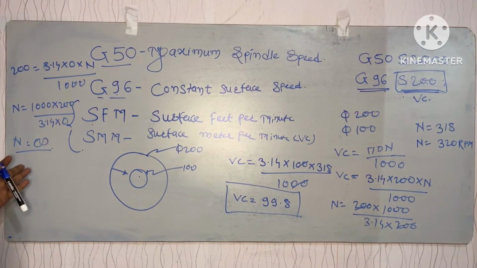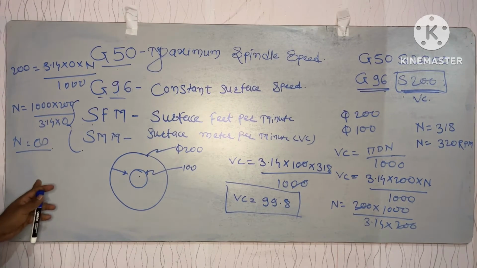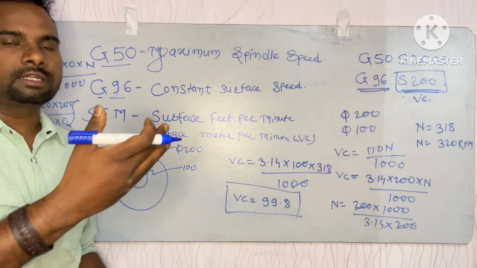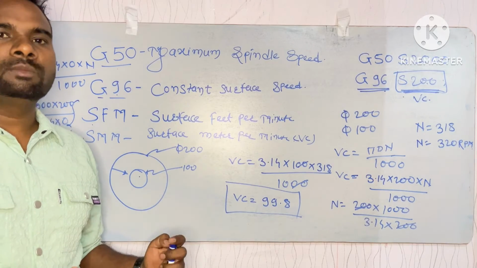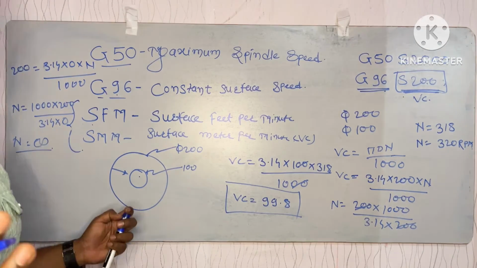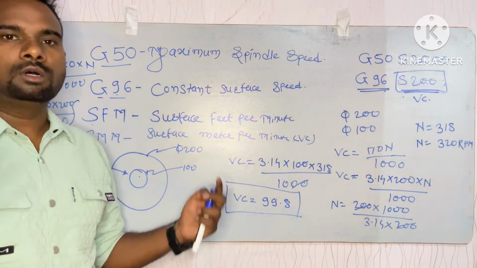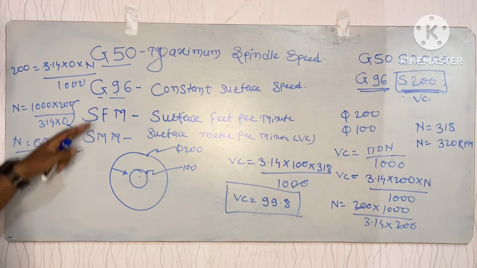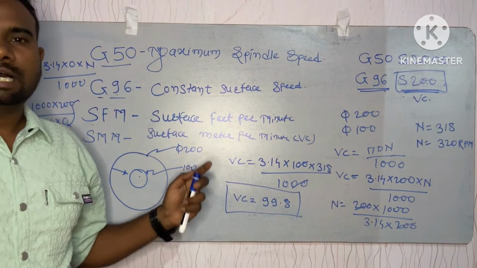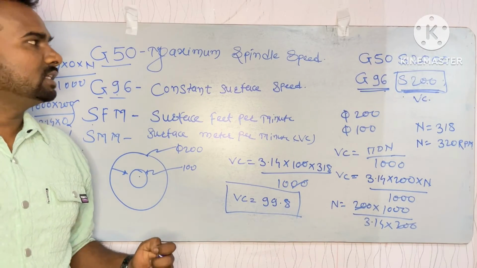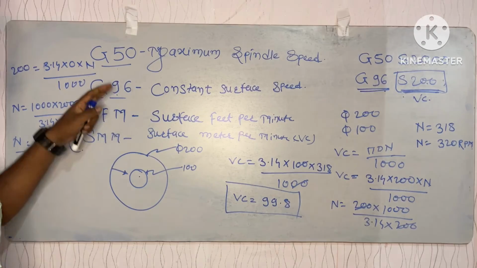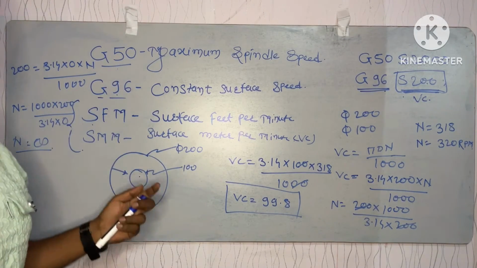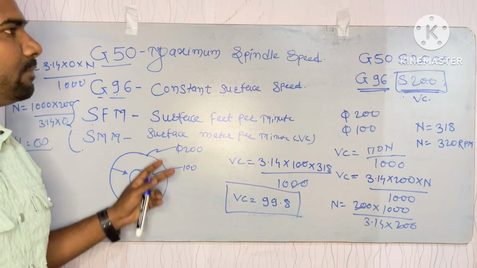So to avoid this error in the program, we have to clamp the spindle speed. As our cutter comes closer to the center point of the job, the RPM increases, and it may go up to 20,000. To avoid this, we use G50 to clamp the RPM. The G50 code plays a role in avoiding maximum RPM.